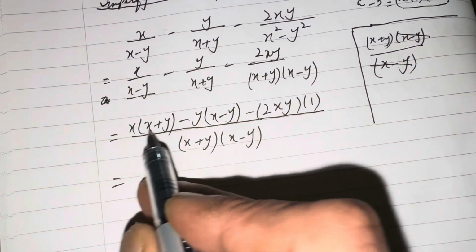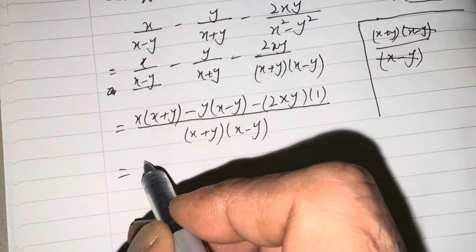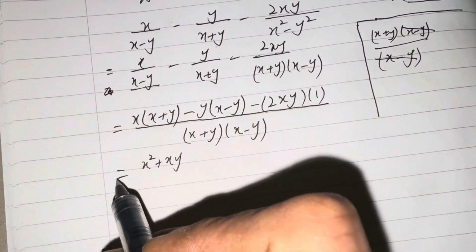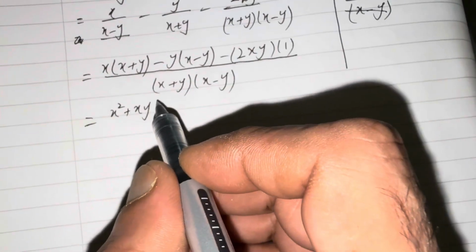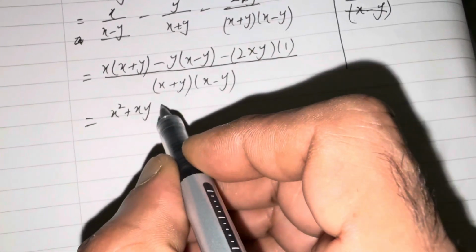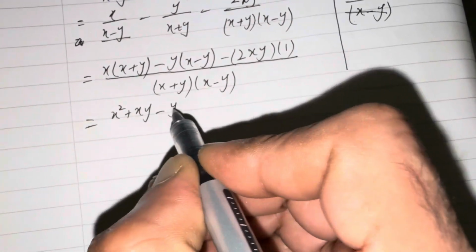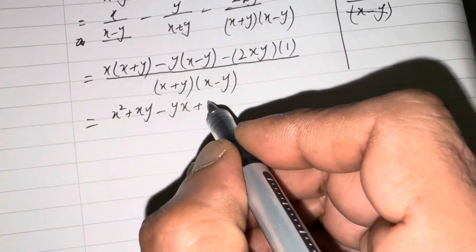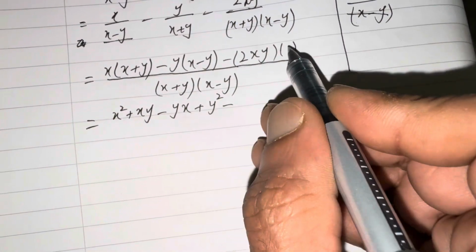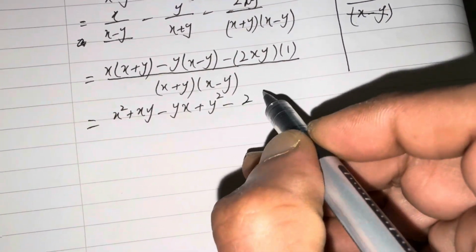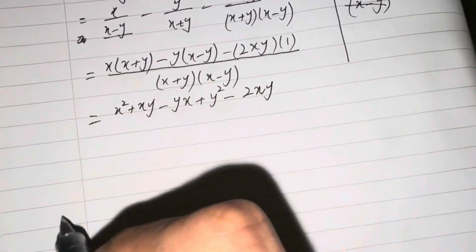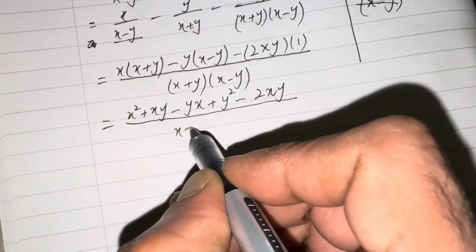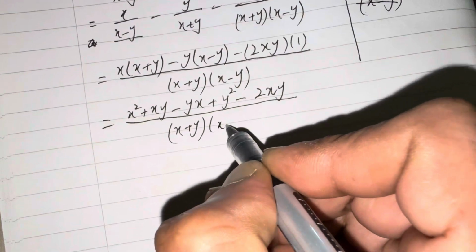So x इस एक्सप्रेशन के साथ मल्टीप्लाई हो रहा है, x x से मल्टीप्लाई होगा तो x स्क्वायर आ जाएगा, प्लस x y से मल्टीप्लाई होगा xy आ गया, and then minus will multiply with this expression minus y, so minus yx and minus minus plus y से मल्टीप्लाई होके y स्क्वायर हो जाएगा, and then 2xy when we multiply with 1, so it will remain the same, and divided by x plus y into x minus y.